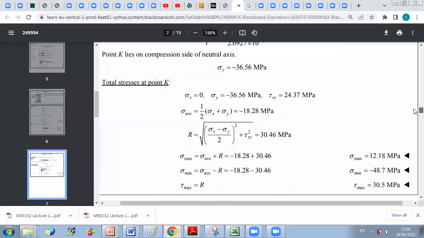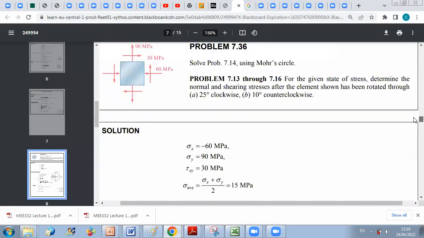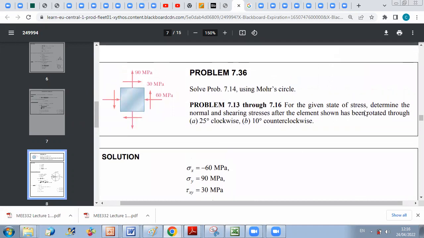You have the following now. Solve the previous problem we did together for the given state of stress to determine the normal and shearing stress after the element shown has been rotated through 25 degrees clockwise and 10 degrees counterclockwise.